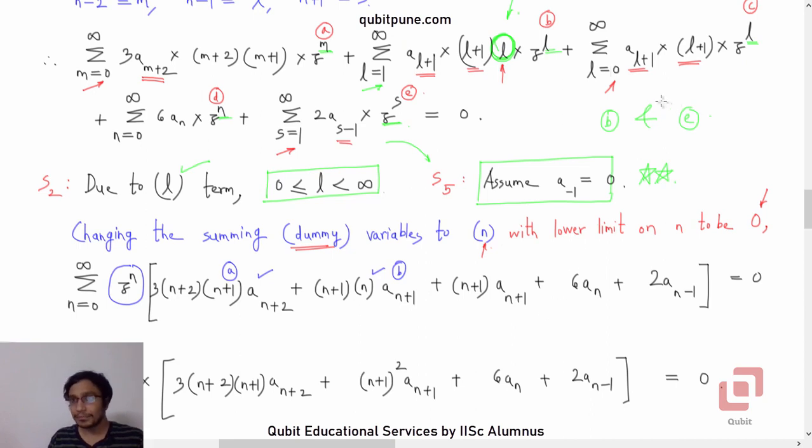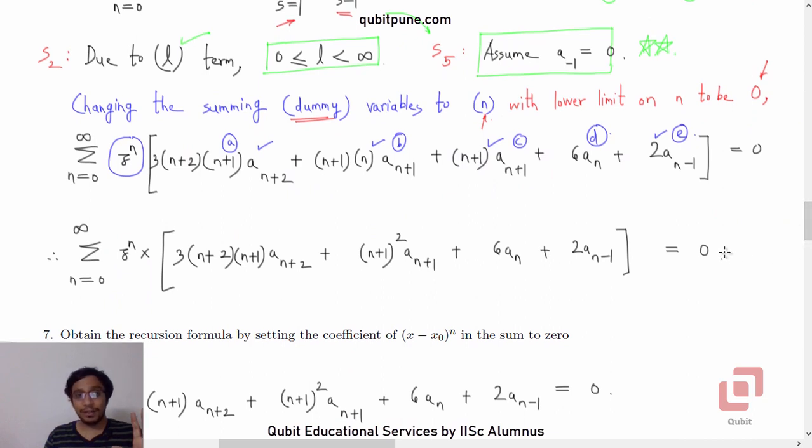Done. Go to C. In C we simply have a l plus 1 into l plus 1, a n plus 1 into n plus 1. C is done. D, the nicest of all, don't do anything, let it be 6 a n. Okay, now go to E. z raised to n has already been taken outside, so it is going to be 2 times a n minus 1. E is done.